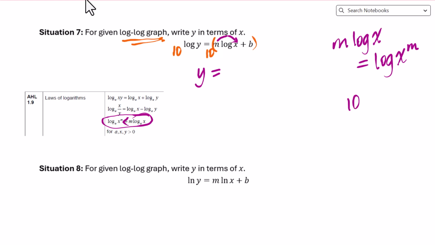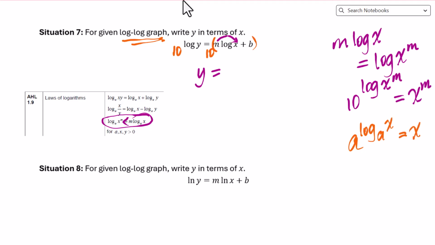Then 10 to the power of common log of x to the power of m equals x to the power of m, because a to the power of log base a of x equals x. So we get x to the power of m times 10 to the power of b.